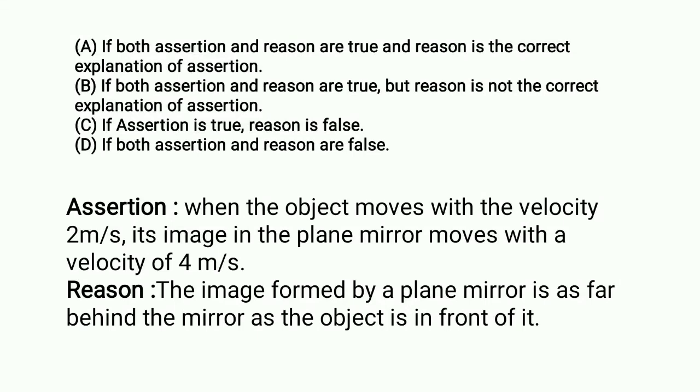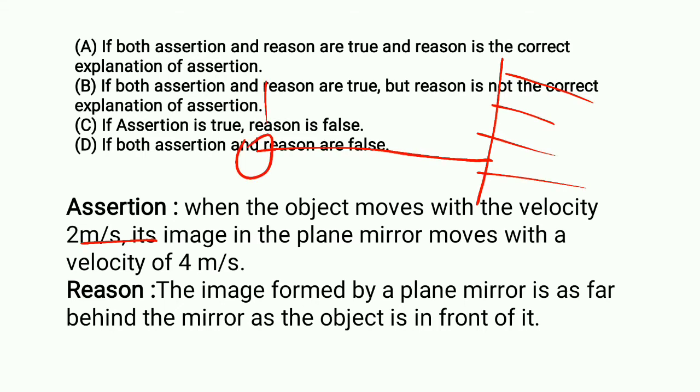Next question. Assertion: when the object moves with the velocity 2 meter per second, its image in the plane mirror moves with the velocity of 4 meter per second. So this is the assertion. Here we have a plane mirror, and here we have the object which is moving towards the plane mirror with the velocity 2 meter per second.